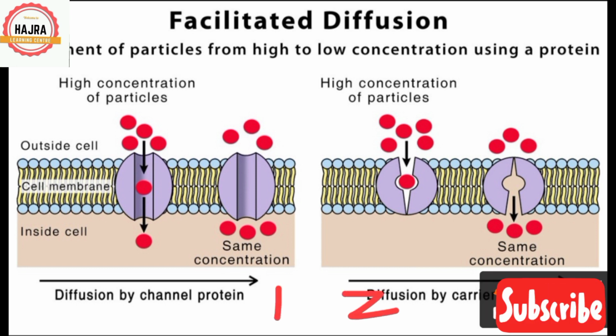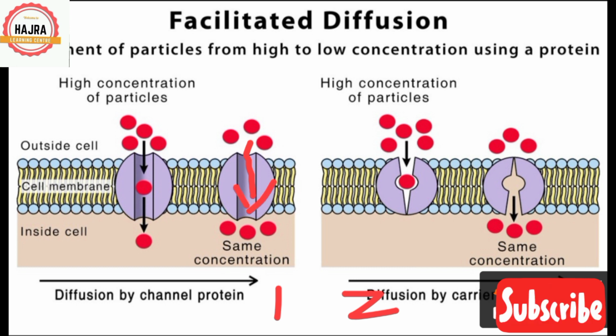So these two purple proteins give the path for these molecules, so they will easily travel from the outside of the cell towards the inner side of the cell. So protein gives them the path.